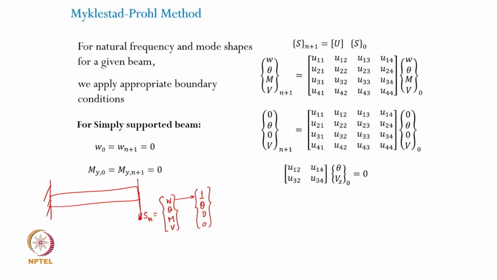With respect to that 1 unit, how much is the deflection at each of the segments? This you can always calculate going back exactly the way we have done in the Holzer method case, right? That part I am not going to repeat, it's quite straightforward, and you can go back to the Holzer method and find out how I have done that. Theta will be replaced in terms of the parameters on the extreme left, right? Those are the things that you can refer to and do for the Myklestad-Prohl method as well.